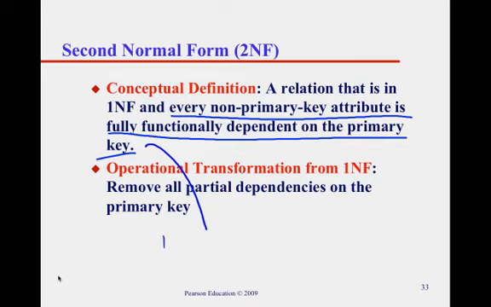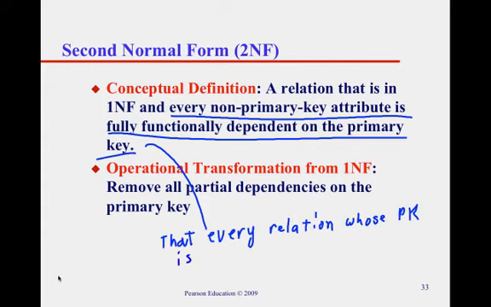By that definition, every relation whose primary key is a single attribute is in second normal form. Can someone tell me why that is guaranteed if it has only a single attribute? This would be a great homework question.